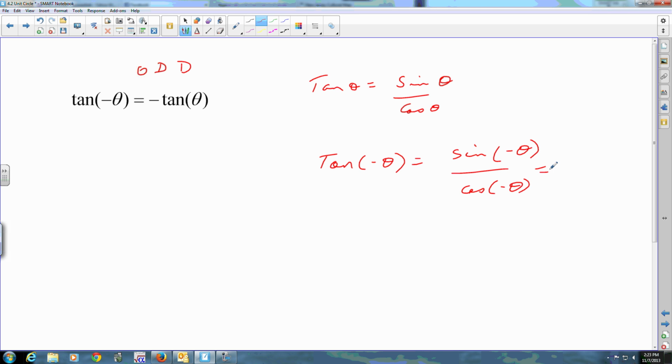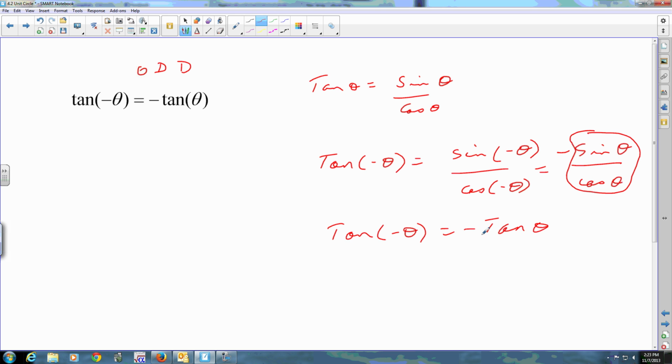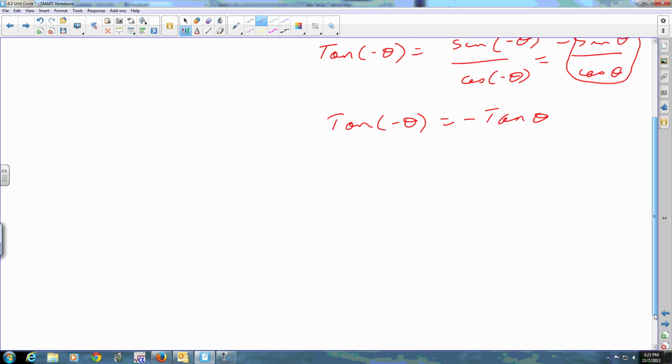Sine of negative theta, by its definition on the previous page, is negative sine theta. And for cosine, the negative just goes away. What is this? That's tangent. So tangent of negative theta is negative tangent theta. So I just proved to you that tangent is odd by using the two definitions we already know.